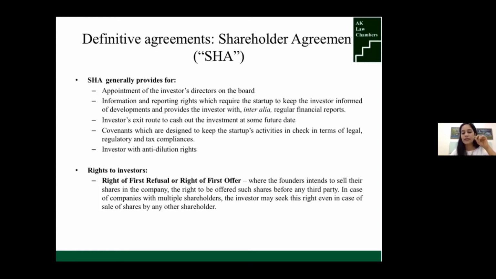What happens, there is also a clause called the good leaver or the bad leaver. If you as a promoter, let's say, are siphoning off money, or there is some kind of a fraud in the company, right? The clause contained in the shareholders agreement is called an investor lock-in, vesting rights, or a clawback clause.